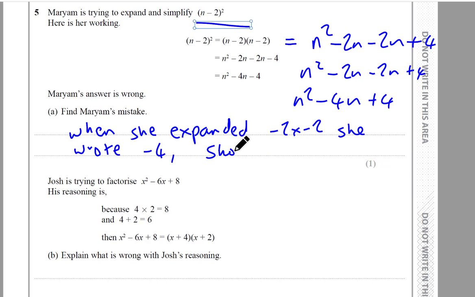It should be plus 4. That will be enough. And you could add extra detail here and just circle the minus 4 as a mistake, but once you've done that, that is clear.